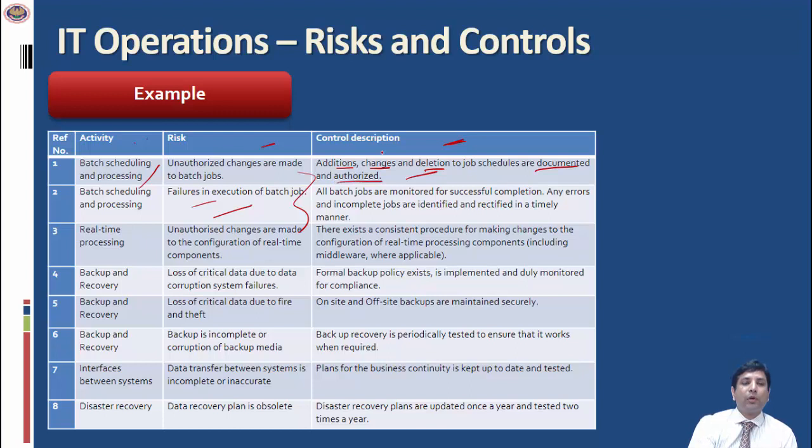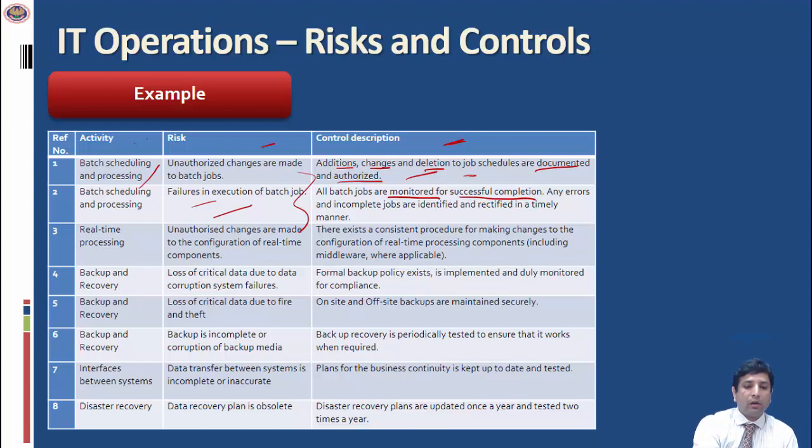So here we see there is a process of authorizing any type of change to a batch job, and we need to understand, evaluate, and validate the control which is mentioned here. For the risk of failures occurring in a batch job, the control that is implemented in this example is that all batch jobs are monitored for successful completion.